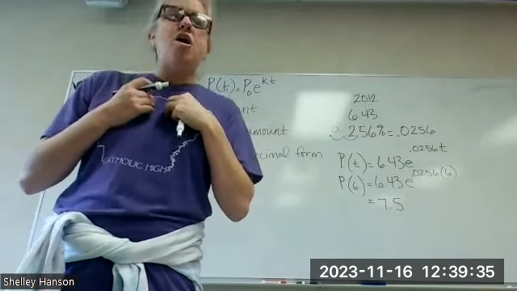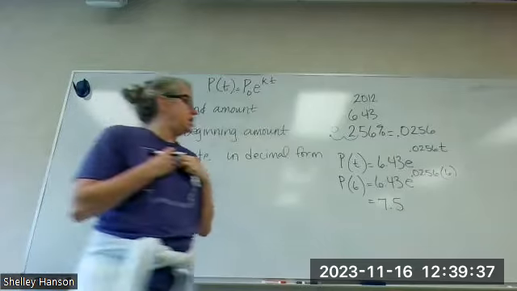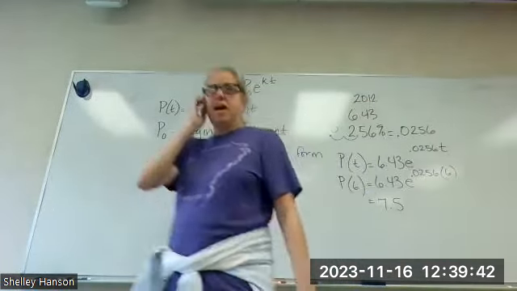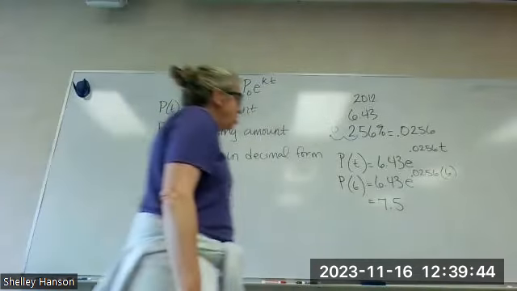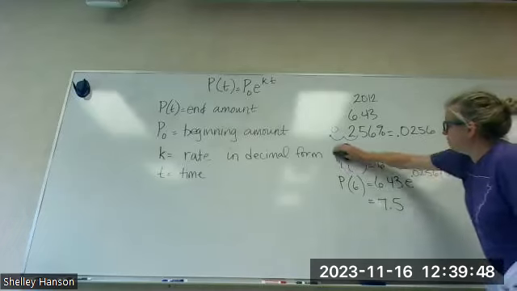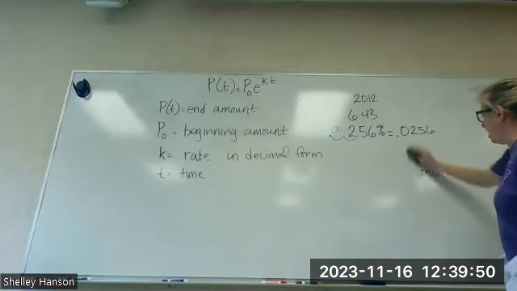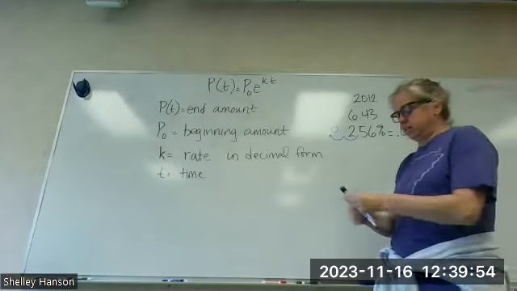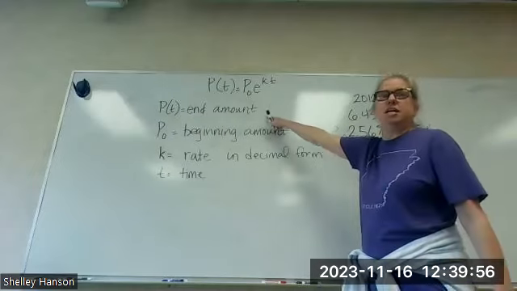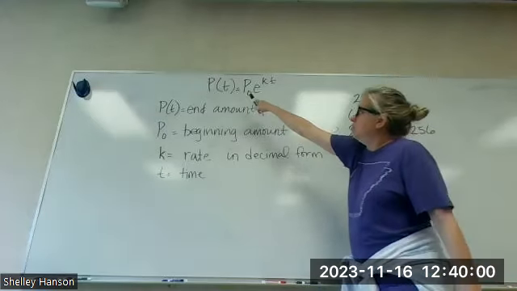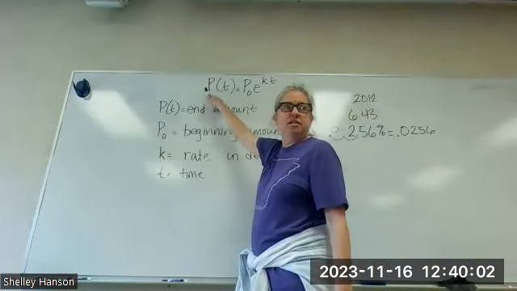It wants to know how many years, so it's going to be looking for a T, right? T is the time. So what do I know now from this formula? It says, when is the population going to be 10 million? 10 million is the end amount, which is on the left side of the equal sign.